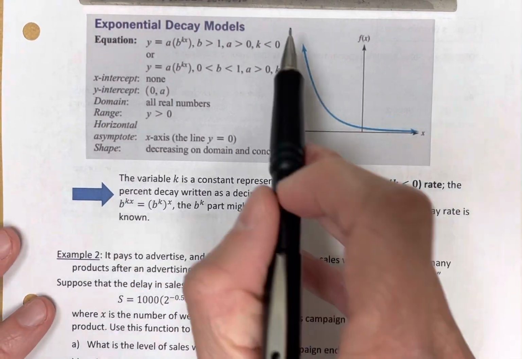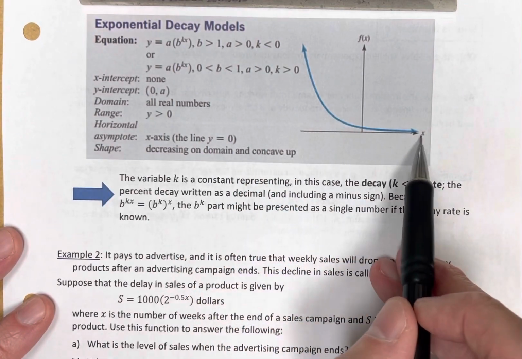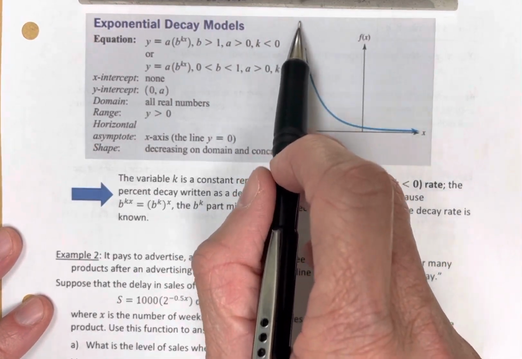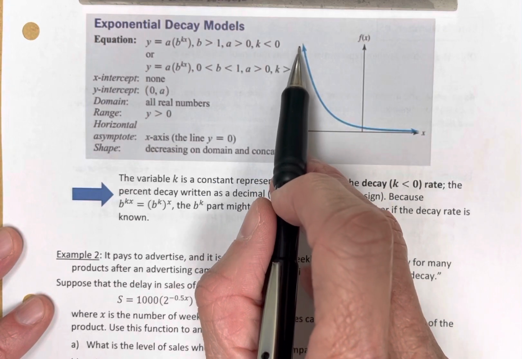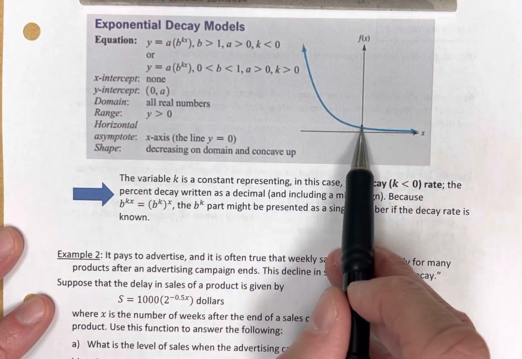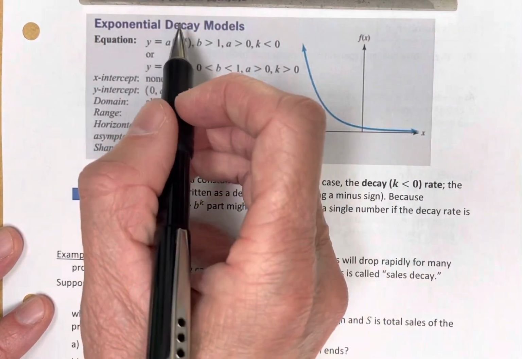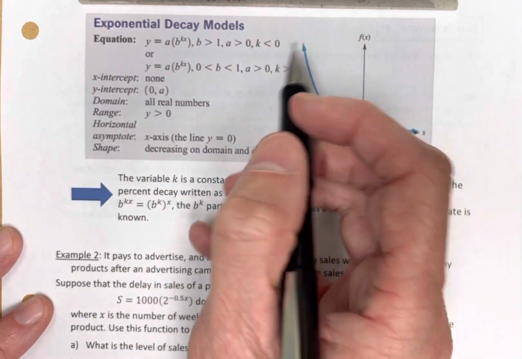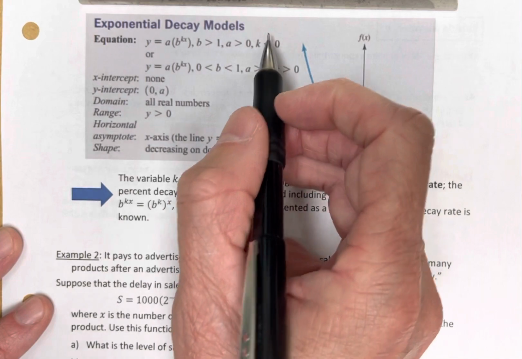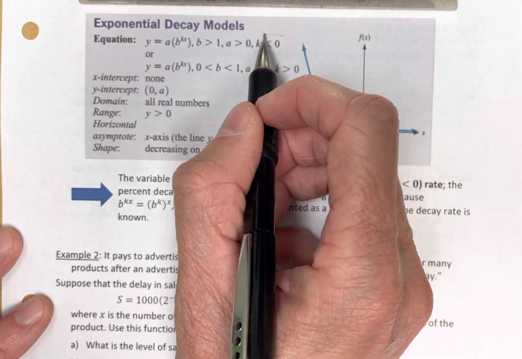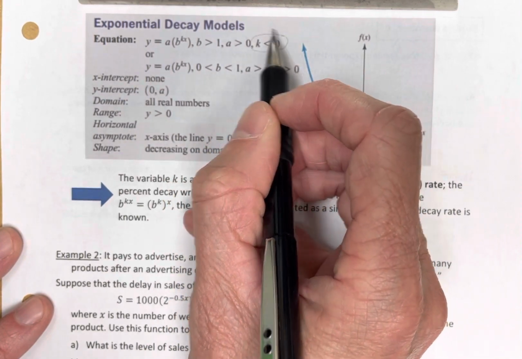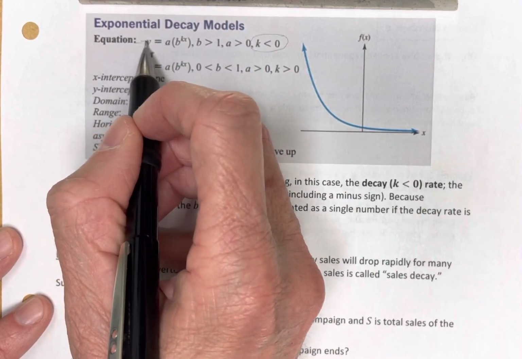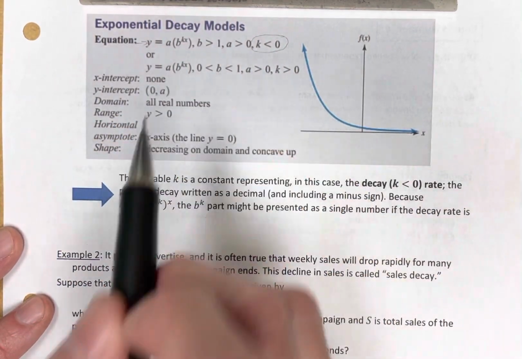Okay, so as we know, decay means we're going down from left to right. We start off by decreasing rather quickly, but the decrease goes slower and slower and slower. We're going to primarily focus on K being less than 0 in general, so we're going to focus on this first example, but it can be either.